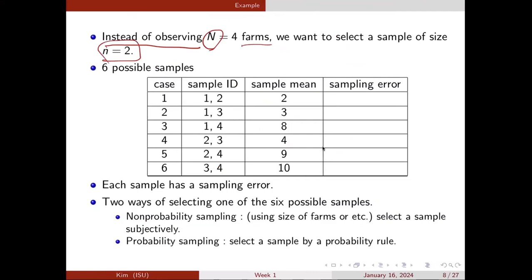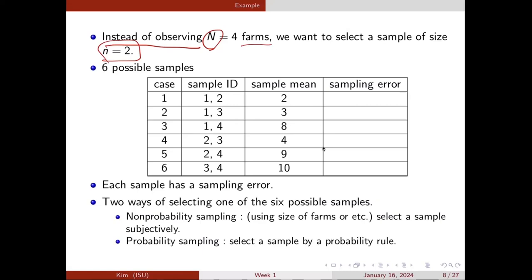Because of a budget constraint or time constraint, we only have the resources to visit 2 farms instead of 4. Now it is a combinatorial problem, right? How many possible ways of selecting 2 out of 4? The answer is 6, right?